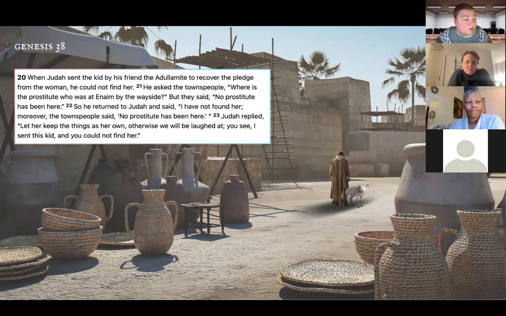Moreover, the townspeople said no prostitute has been here." Judah replied, "Let her keep the things as her own, otherwise we will be laughed at. You see, I sent this kid, and you could not find her." Judah tries to get back his belongings to pay Tamar, and he is embarrassed. Interesting.